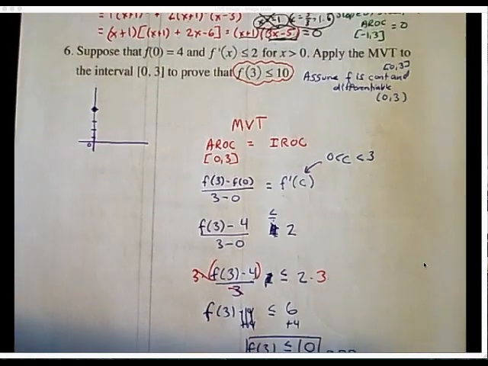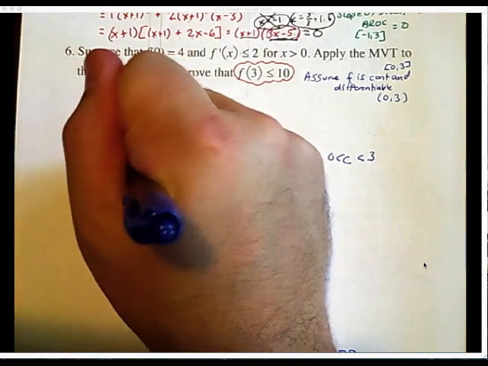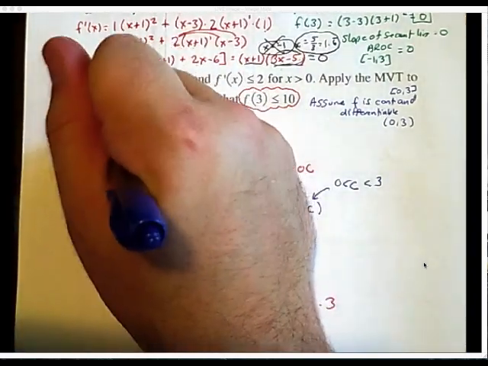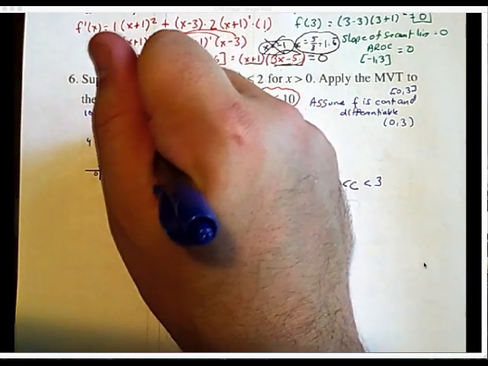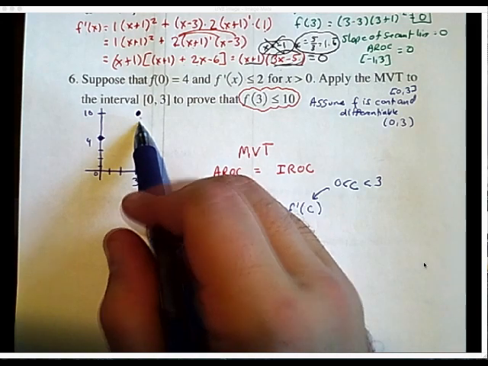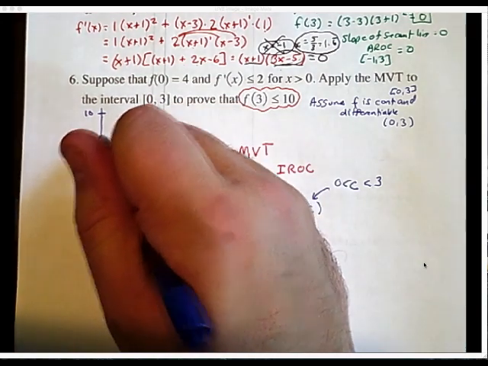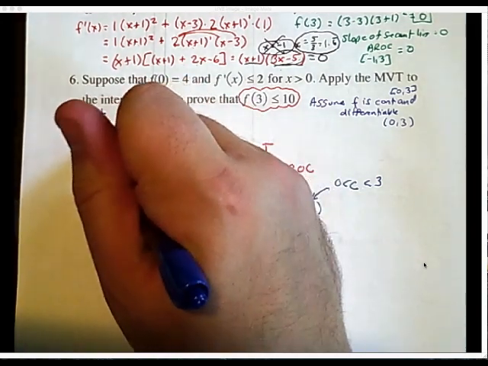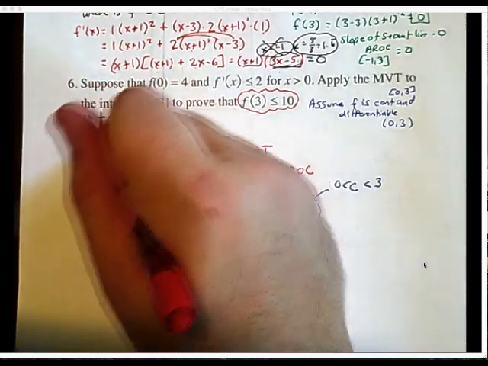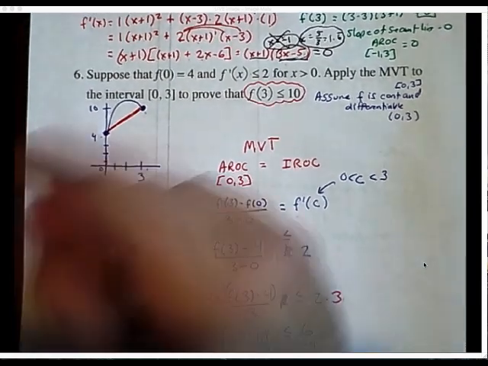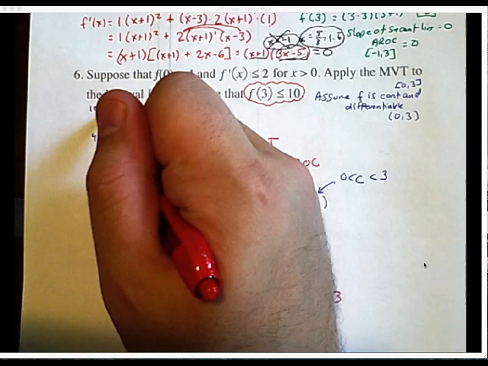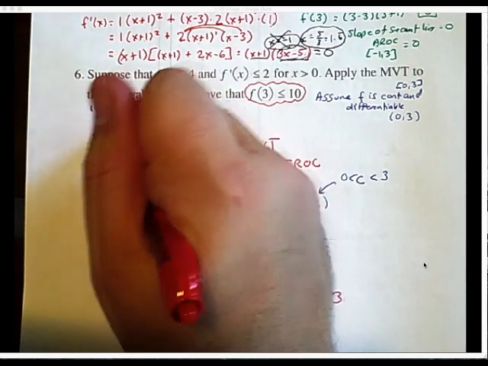So what they're saying here, if that's an x value of 3, and this is 10 up here, that's got to be 10 or less because the slope of this thing and the slope of the secant line has to be 2 or less. So the slope of this is 2 because you're going up 6 and over 3. But it could be smaller than that.